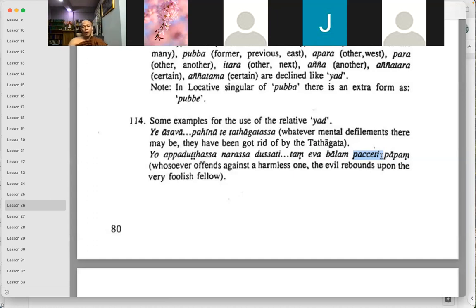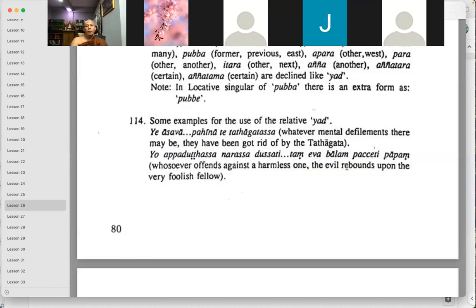Then tameva bālaṃ, so pāpaṃ pacceti. So yo appaduṭṭhassa narassa dussati, whosoever offends against a harmless one, then the evil, so bālaṃ. So tam bālaṃ also, the same as the yo. Okay, yo appaduṭṭhassa, tam bālaṃ. So pāpaṃ pacceti, pāpaṃ is the subject.